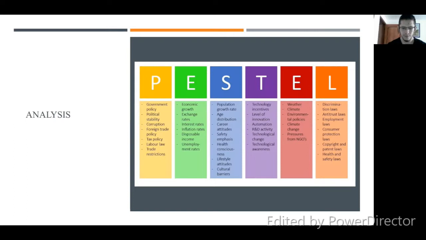Well, now another key factor are environmental factors. Of course, we hear a lot about climate change and global warming. So it's a very, very widespread topic nowadays. In fact, we have weather, climate, environmental policies, climate change, and pressures from NGOs.